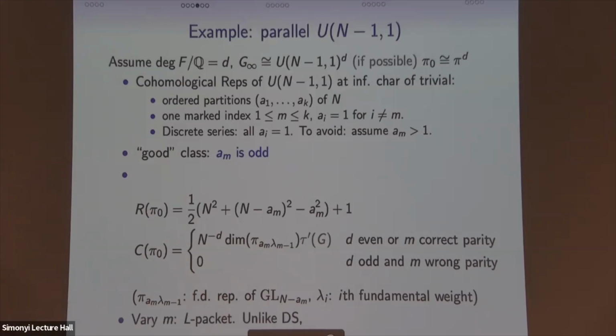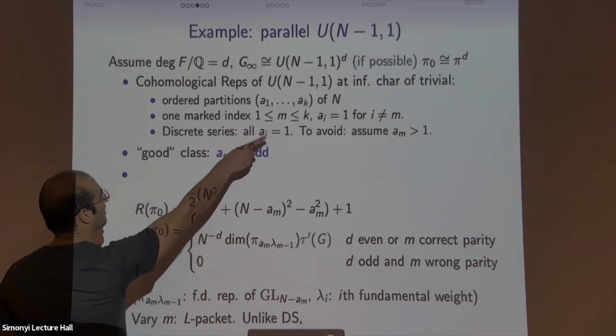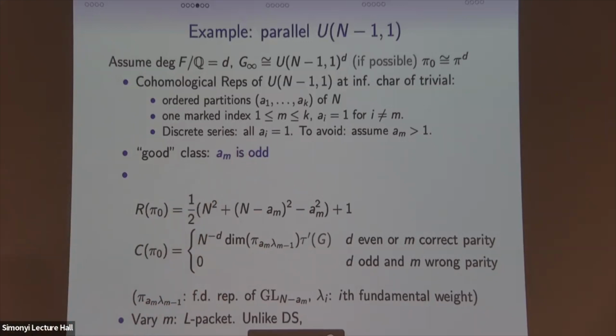So first of all, you can vary where this non-1 entry is, where this AM is, like which order this partition is in, is kind of like varying the cohomological representation within an L packet. And for discrete series L packets, whichever representation of the discrete series you pick at infinity, the abundance of these automorphic representations with that component at infinity is the same.